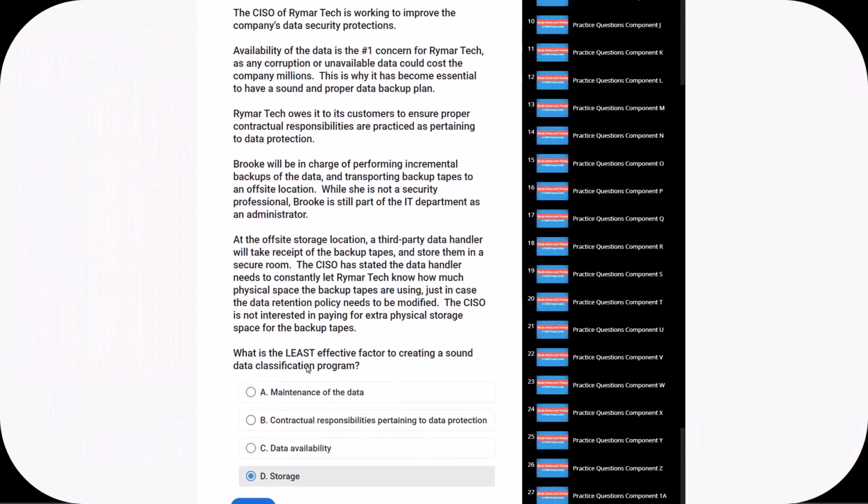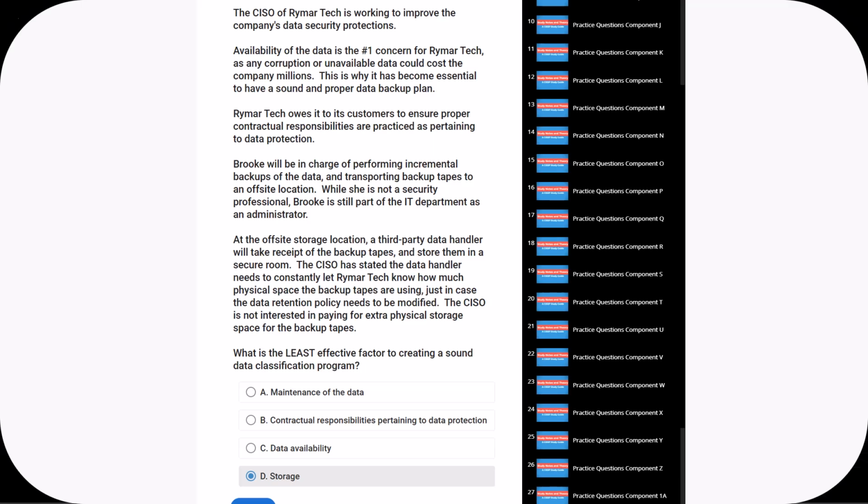What about choice D, storage? What is the least effective factor to creating a sound data classification? I'm going to say storage is the least effective when it comes to data classification. Why is that? Let me try to think. Storage usually doesn't matter. The location of the data doesn't matter, or where it's sourced from, or where it's ingressing from, and where it's egressing to.